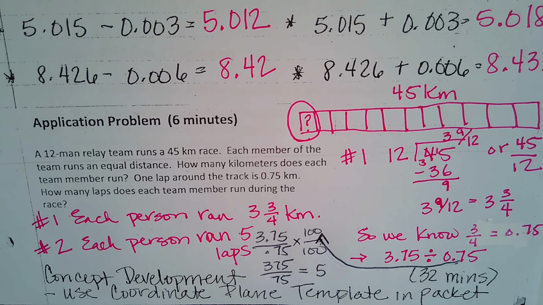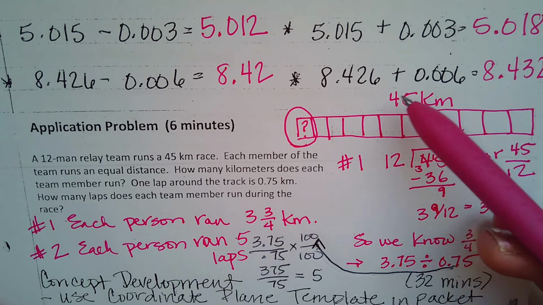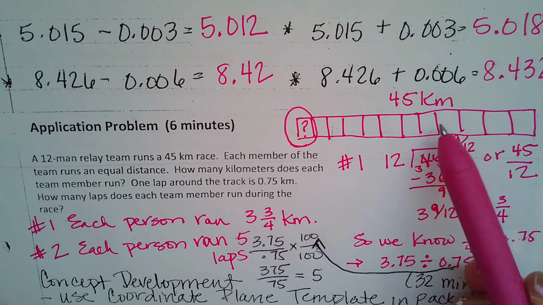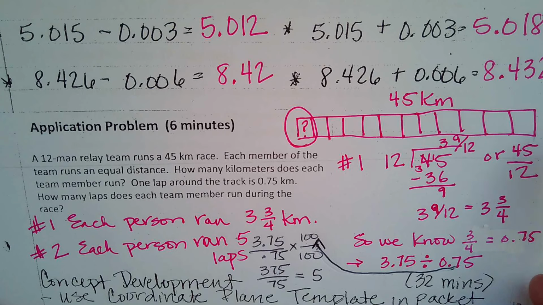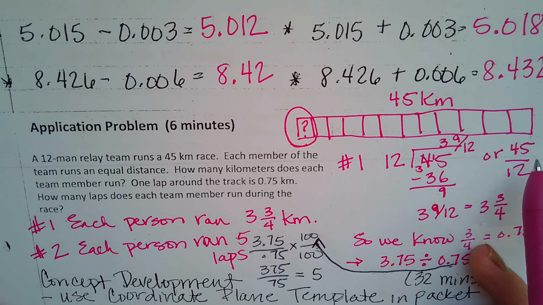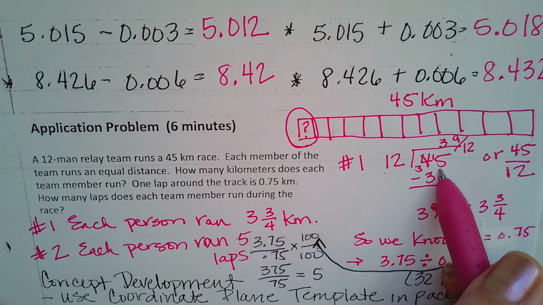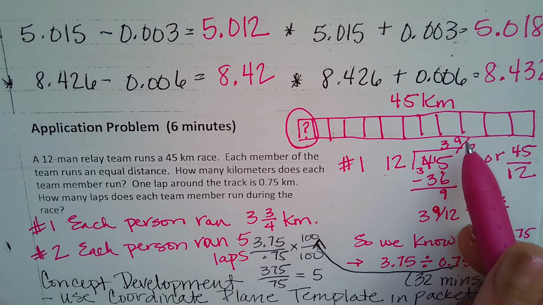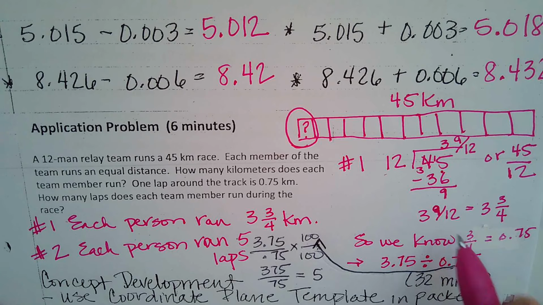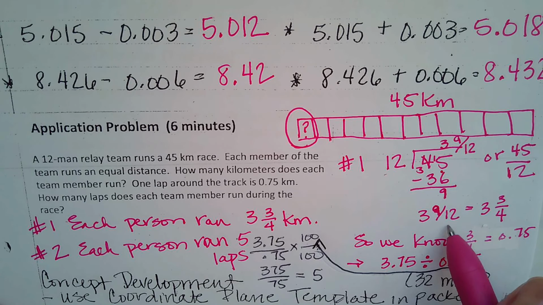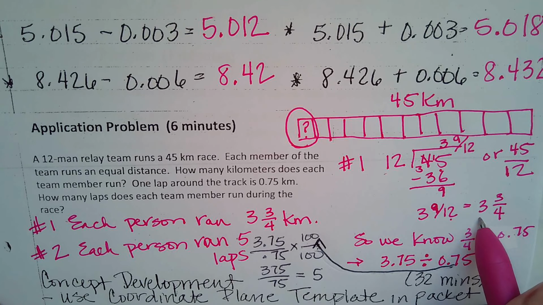Okay, so I drew a little visual up here. Here is 45 kilometers divided equally by 12 people. So you could write it 45 over 12 or 45 divided by 12, which ends up giving us 3 and 9/12. So this is where reducing comes in. This is why this has been such an important piece since we've been working on fractions. So 3 and 9/12 really becomes 3 and 3/4.